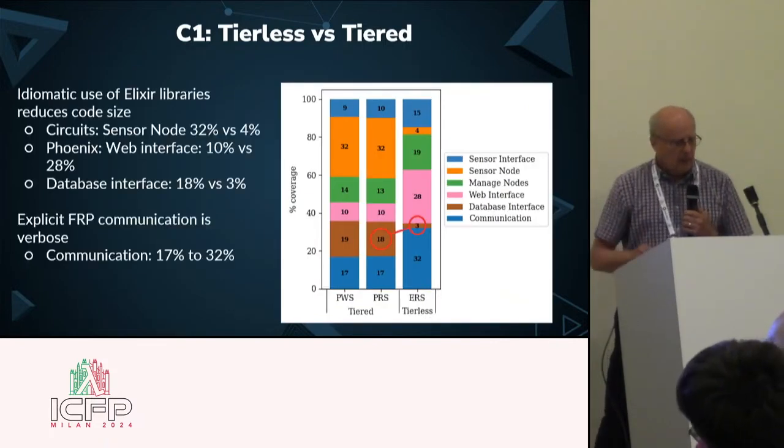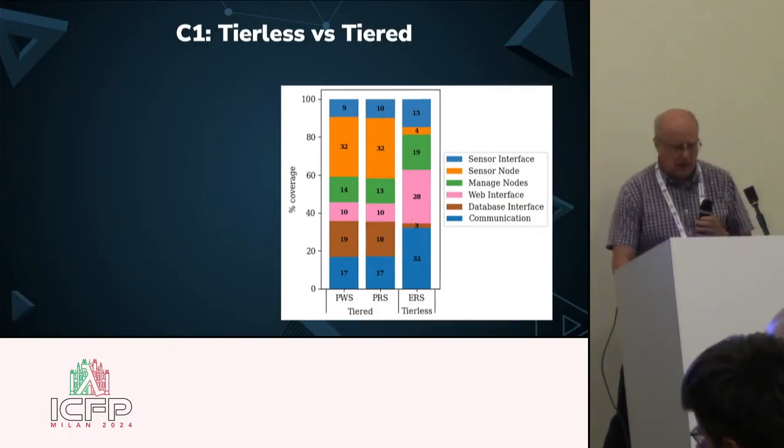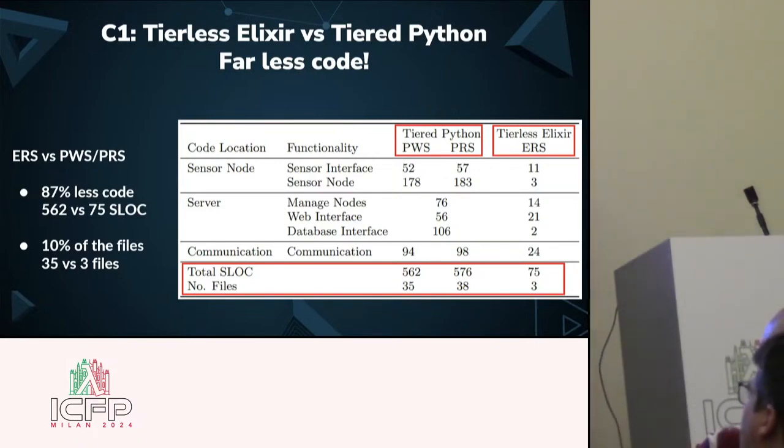Okay. In the code table I showed you, we analyzed by what the code is doing. So is it interfacing to sensors? Is it interfacing to the web clients? Is it doing communication?